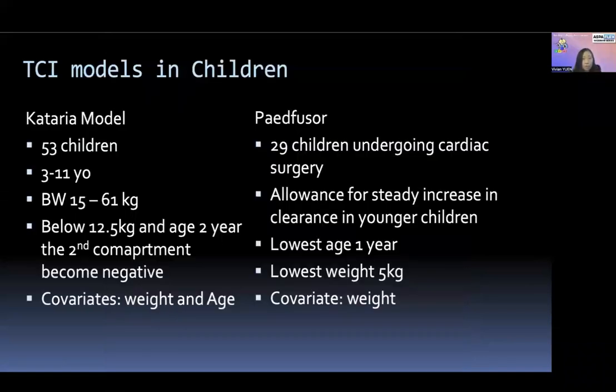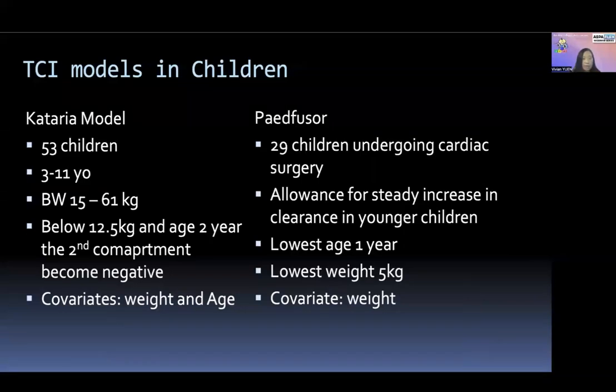The two most commonly used models in children are the Kataria model and the Paedfusor model. The Kataria model is a model you can use down to the age of 3 and body weight of 15 kilos.